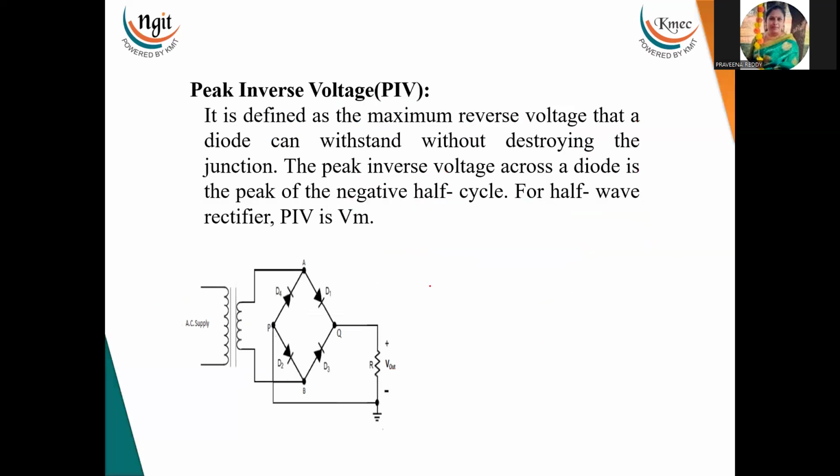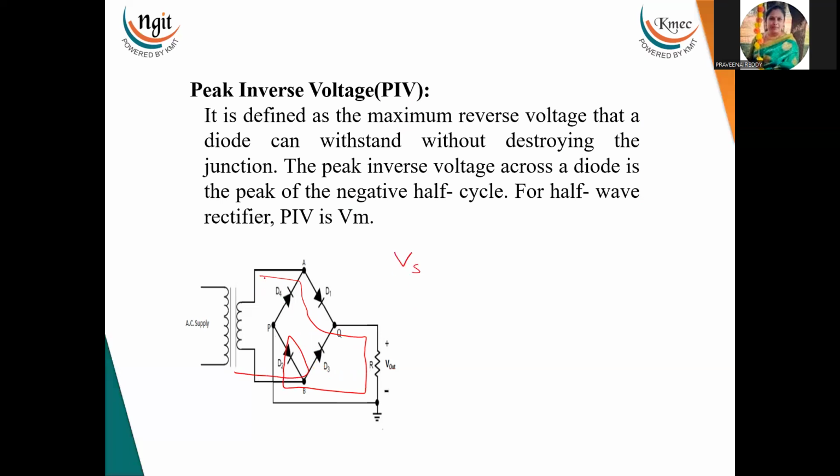Now coming to the peak inverse voltage. Already I have explained that. When the reverse bias is applied, now if you see the current flowing direction, I am taking any one of the directions, either this or using D3 or D4 you can take. So this is the current direction. Now for this loop, we need to apply the KVL.